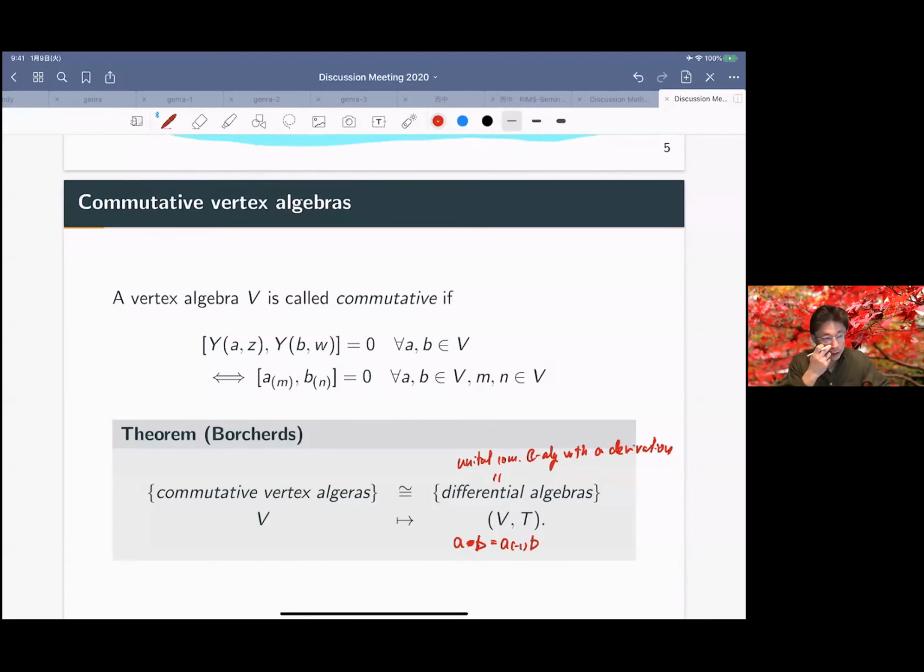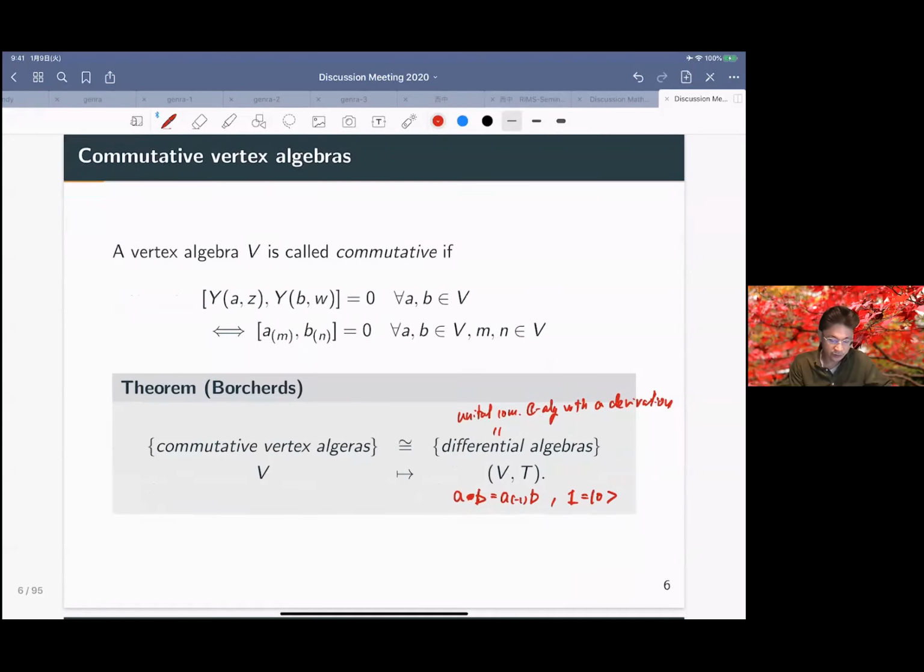So the statement is that if a vertex algebra is commutative, this defines a multiplication which is associative and commutative, and also the unit is the vacuum vector, and T is the corresponding derivation. So this gives a structure of differential algebra.